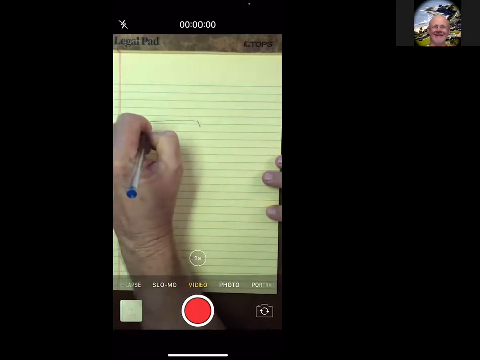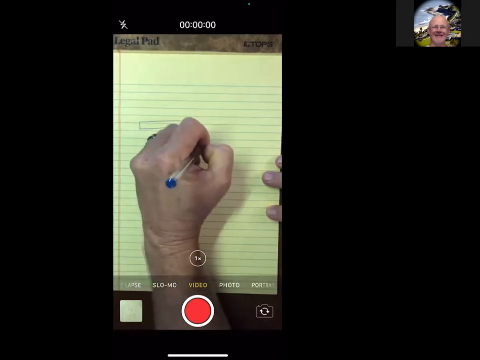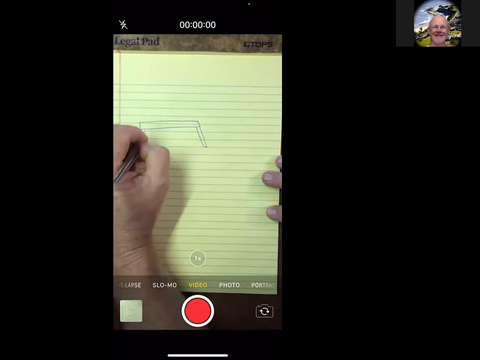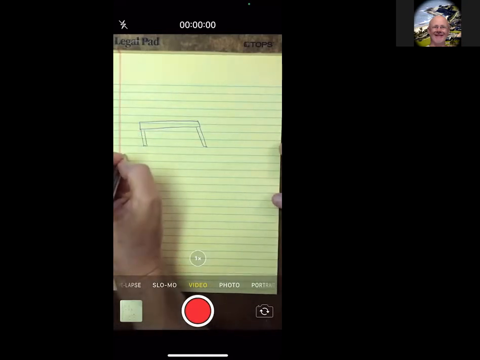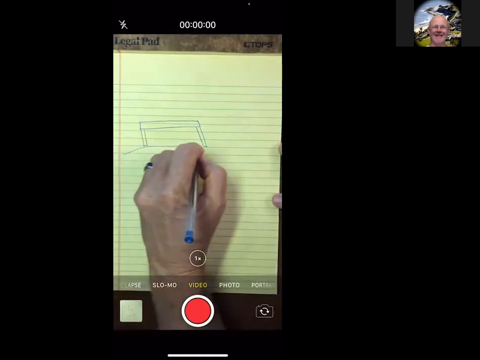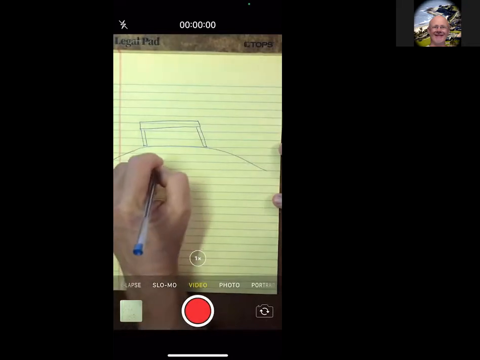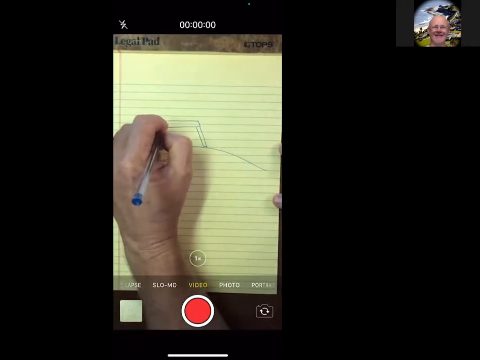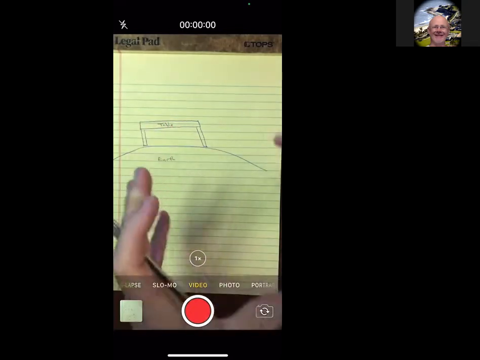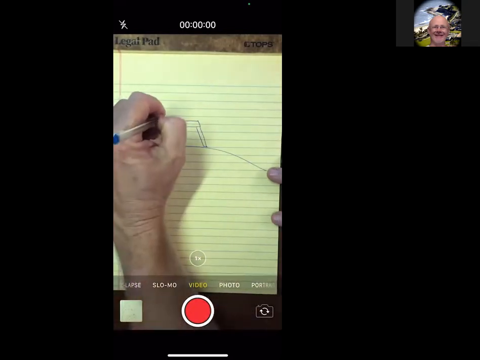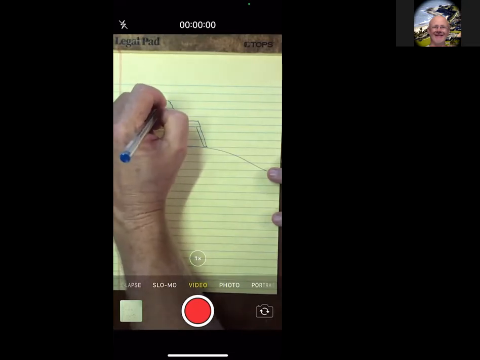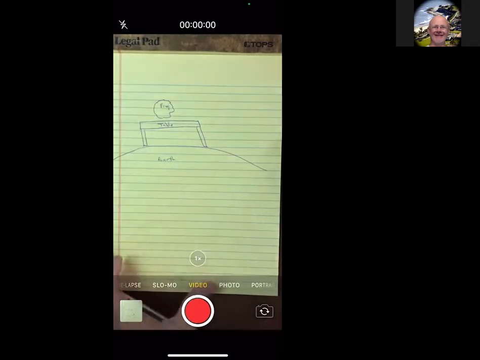So here's the table. And it gets even harder because we've got the Earth involved also. So here's the Earth. We've got a table, we've got an Earth, and I won't even attempt to draw a frog. I'll just say we have a frog.